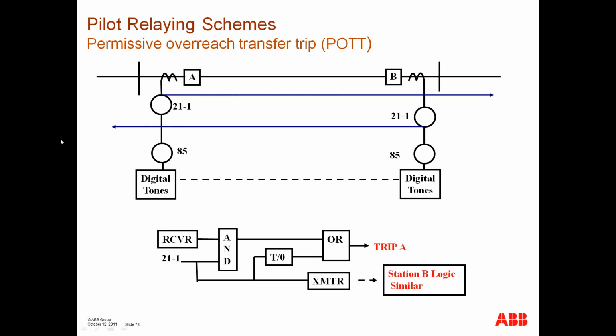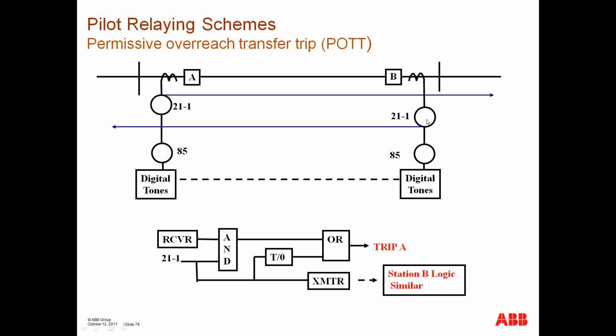Then you have permissive overreaching transfer trip. Is probably one of the most common systems outside of the blocking system. And basically what it does is if this 21 relay sees an overreaching fault, it will also send a permissive signal to this end.